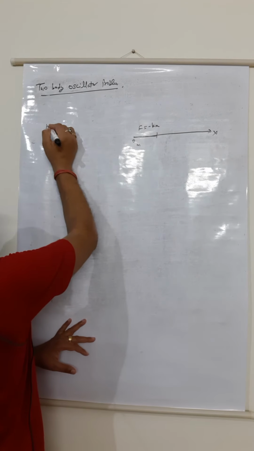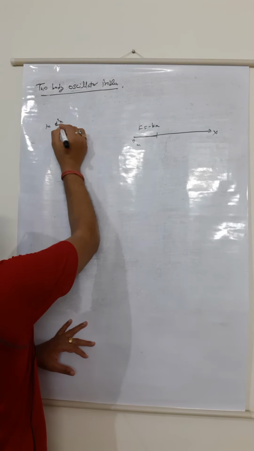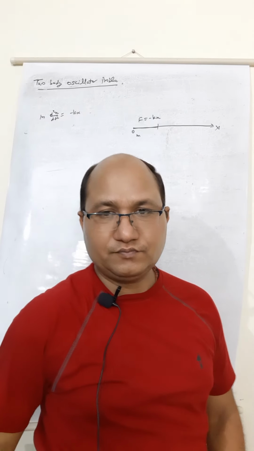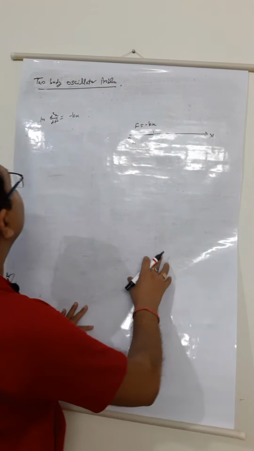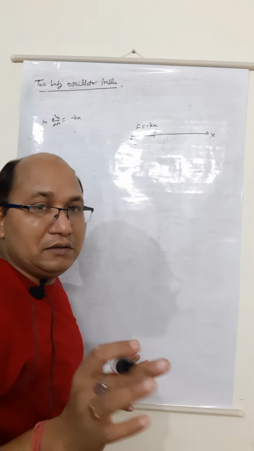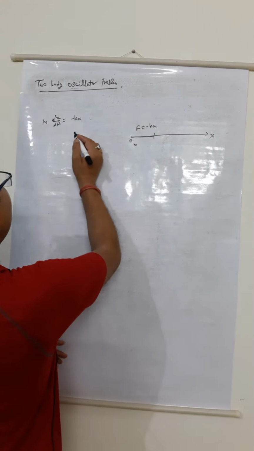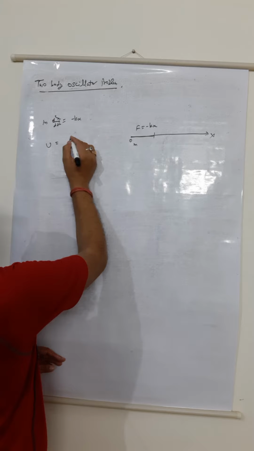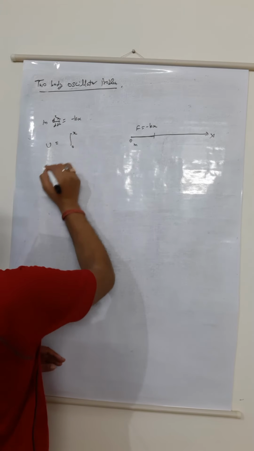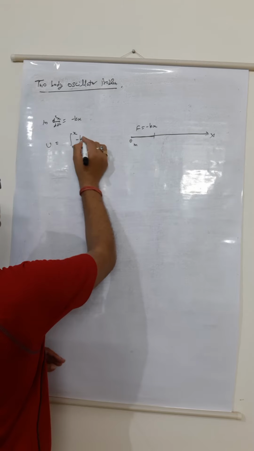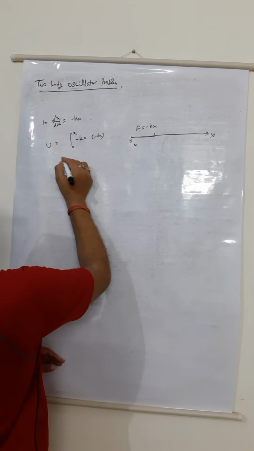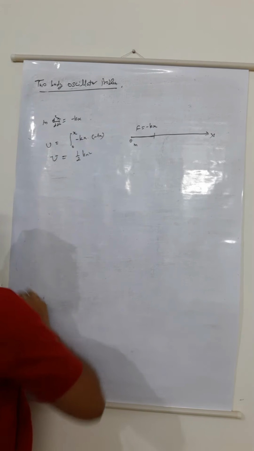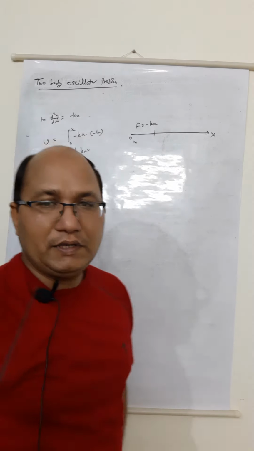So the equation of motion comes out to be m d2x upon dt2 is equal to minus kx. From this we have derived the potential energy U is equal to integral from 0 to x of minus kx times minus dx, and this is equal to 1 upon 2 kx square.